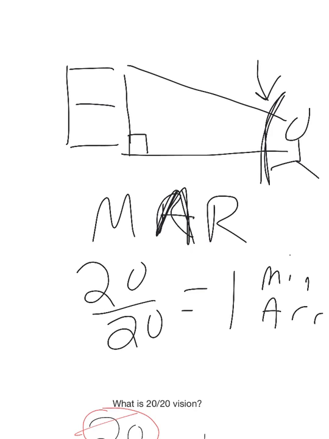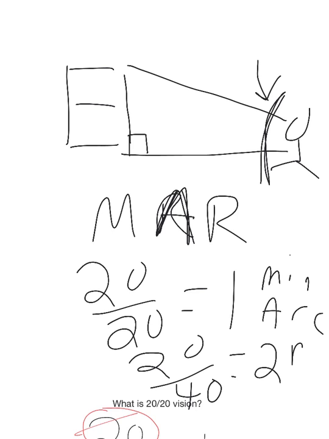If your vision was 20/40, for example, then your minimum angle of resolution is the reciprocal of this fraction, so it would be 40 divided by 20, which is 2 minutes of arc.